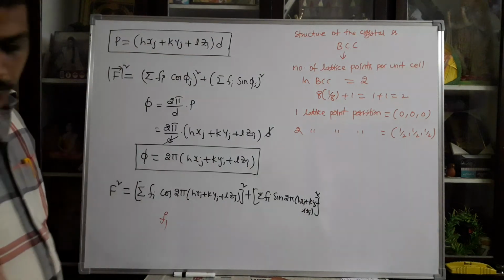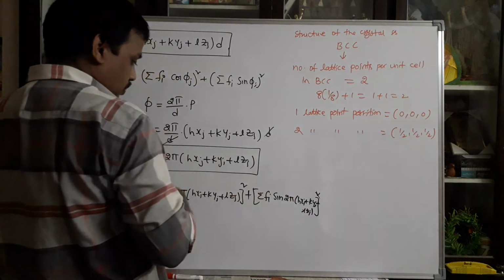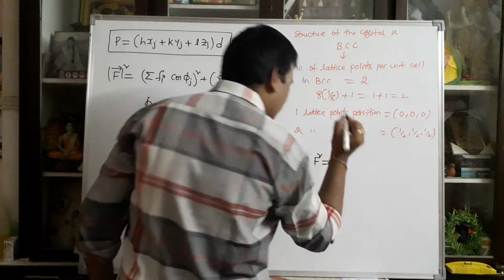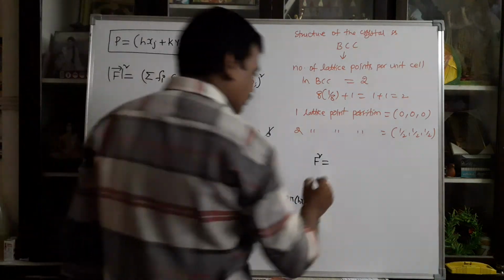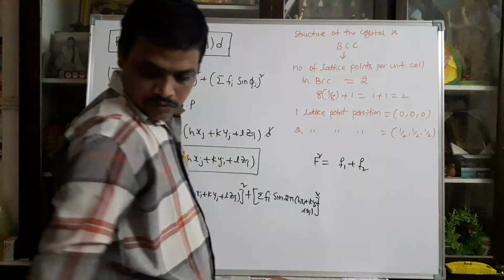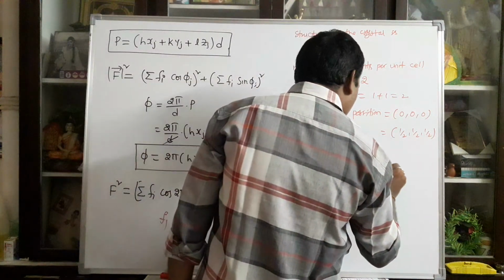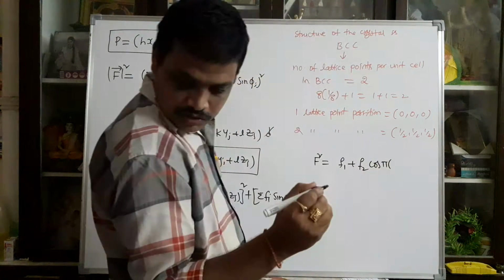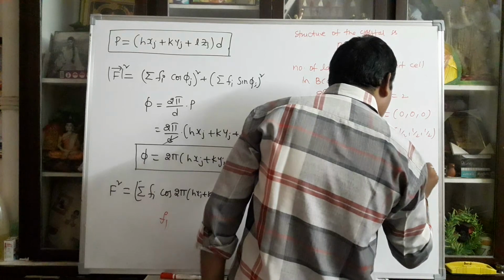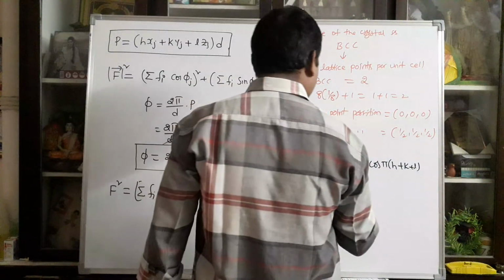So ultimately, on substituting this position in the form factor, you get the result f square is equal to (f1 plus f2) into (f1 plus f2) into cos of pi into (h plus k plus l) whole square.